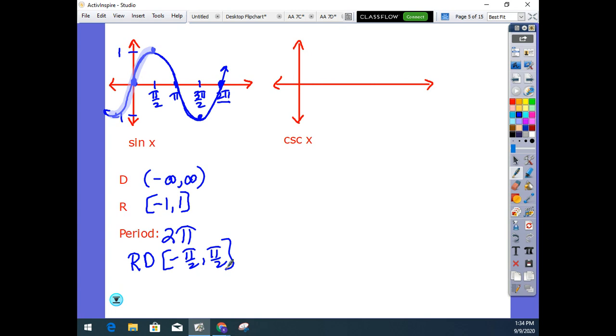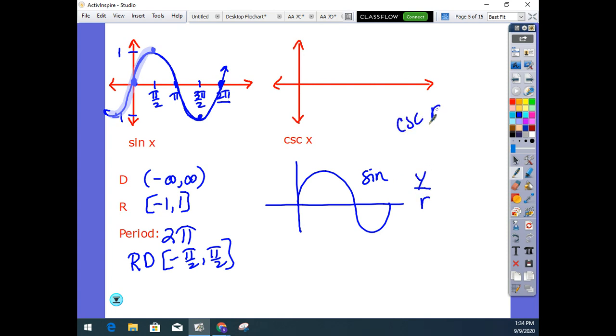All right, so I put cosecant with sine. Now look at, on your note sheet though, it's underneath it. And this is why. Let me actually show you this. If this is sine, what do we do with reciprocals? If sine is y/r, cosecant, we just flip it, right? r/y.